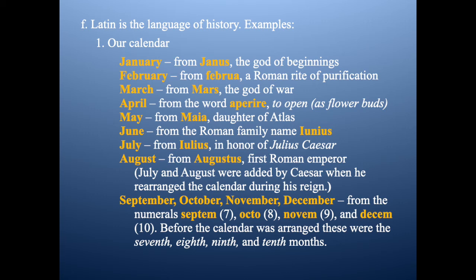And it's fun to see, and as we study this in one of our word studies, they've already learned the numbers septem, octo, novem, and decem, which are 7, 8, 9, and 10 in Latin. And they see, oh my goodness, there's September, October, November, December, and such. But soon realize that, wait a minute, those are the 9th, 10th, 11th, and 12th months, not 7, 8, 9, and 10. What happened there?